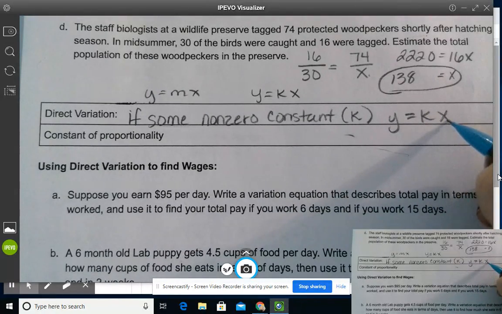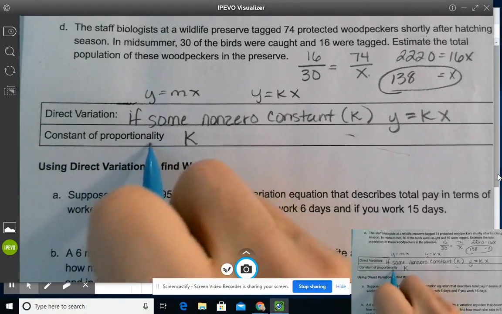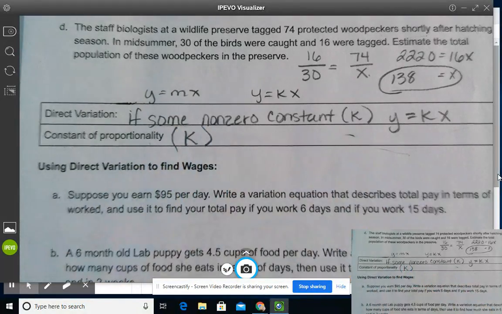And it'll make more sense once we get there. K is what they use to represent the constant of proportionality. It means k is the value that you're getting charged every day, or the value that you pay every day. It's something that happens consistently, I guess is the word that I'm looking for.